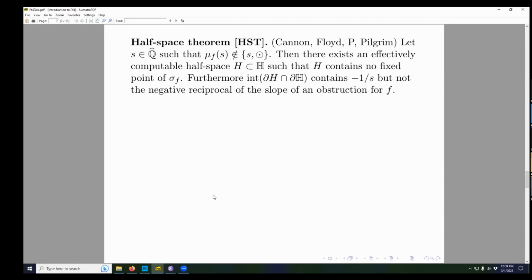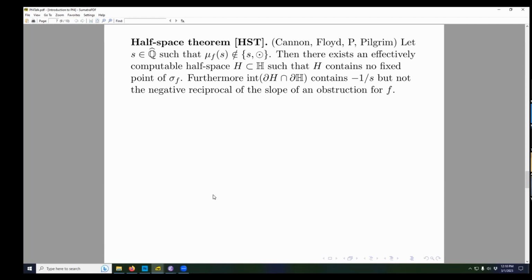So the slope function takes S to an extended rational number, but S is not a fixed point. Then there exists an effectively computable half-space H inside the upper half plane, such that H contains no fixed point of the pullback map. We gain some control over the fixed point of the pullback map in this way.